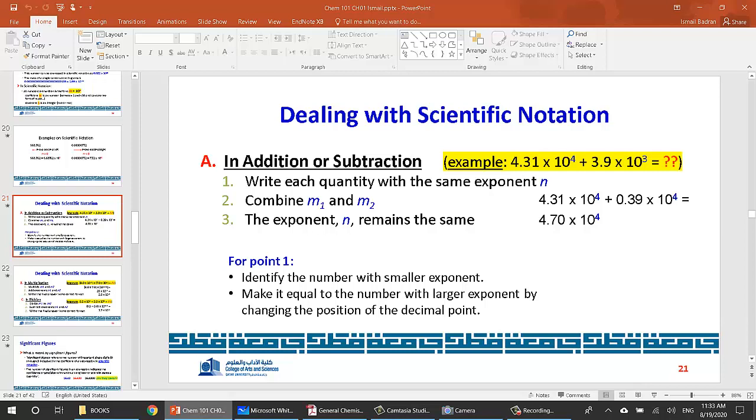Now we need to deal with scientific notation when we add, subtract, or multiply numbers in scientific notation. So we have two cases here. In scenario A, we deal with addition and subtraction, and we're going to use an example, which is 4.31 times 10 to the power 4 plus 3.9 times 10 to the power 3.